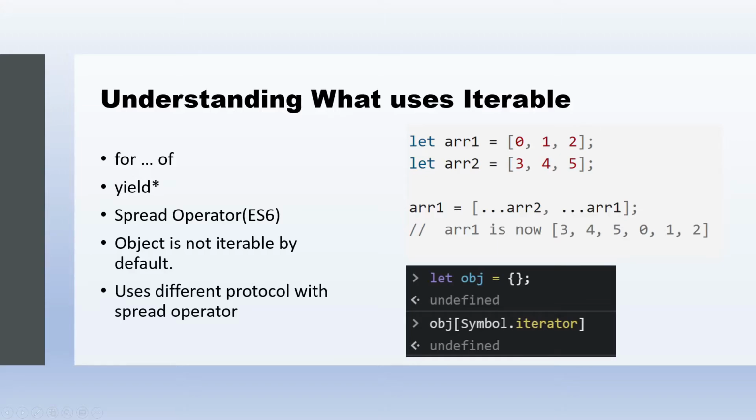At the bottom right is an example showing you how to check if something is iterable or not. So basically, you check the key Symbol.iterator to see if it returns anything. If it returns undefined, it's not an iterable. And in this case, this object is not an iterable. And also, if you use array instead of object here, you see that it returns a function.